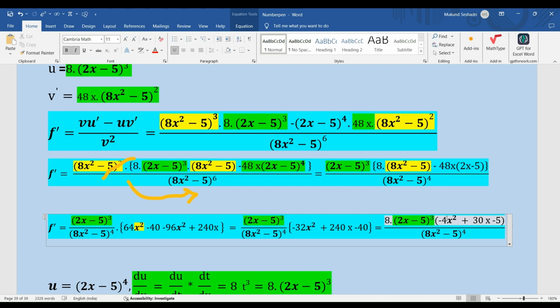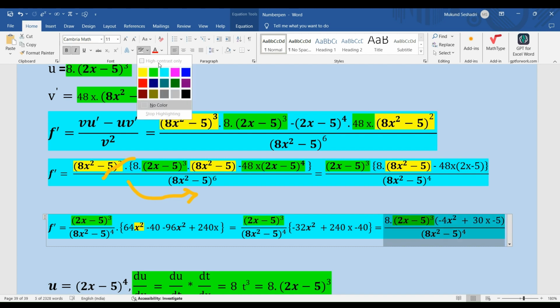So there I have the final answer. I don't think I can do any simplification further. Let me represent it using a different color. What is my final answer? Highlighted in pink, folks. I'm sorry because I'm using too many colors. So the final answer to this problem is 8 times (2x − 5) the whole cube into (−4x² + 30x − 5), the whole divided by (8x² − 5) the whole power 4.